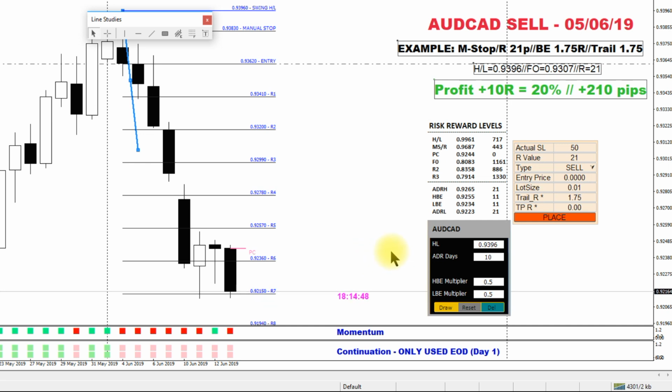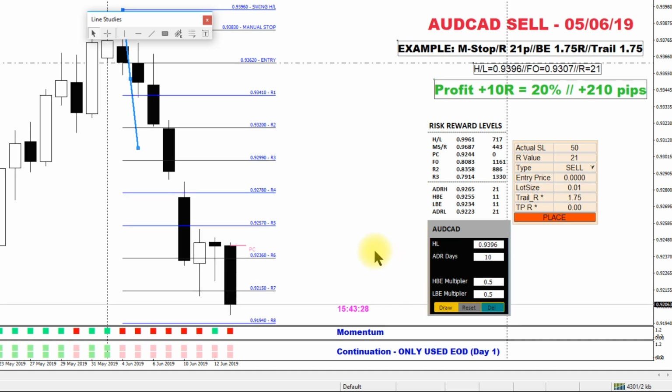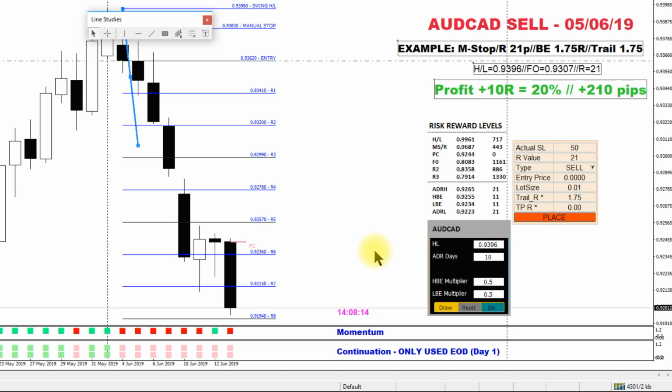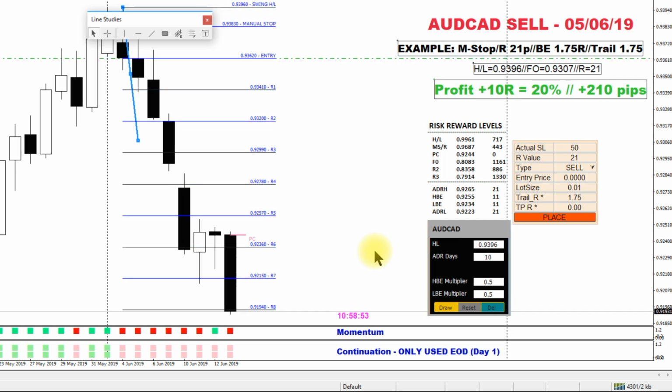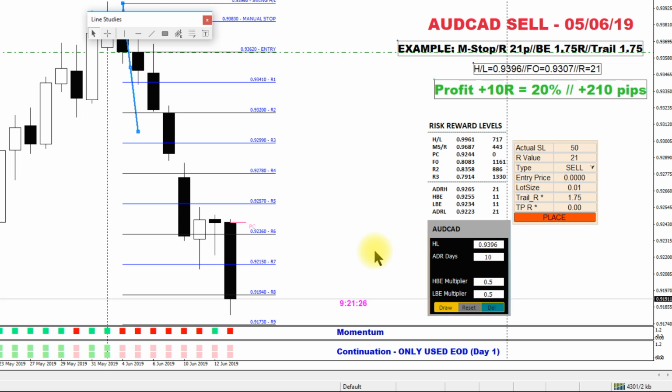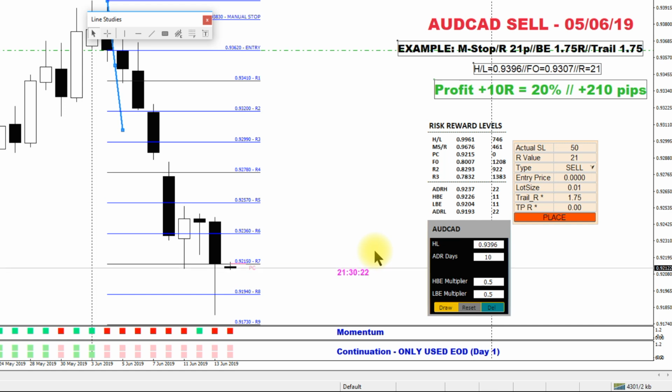So our stop is still at R5. I'd say that we've gone through 7.75, so our stop is at R6. Our stop is still at R6.